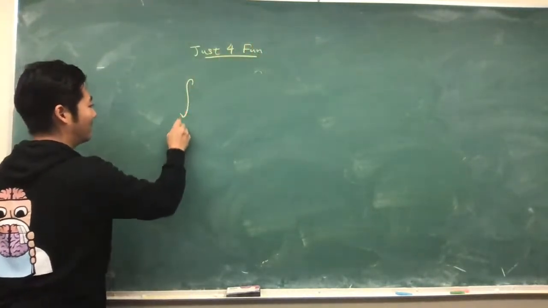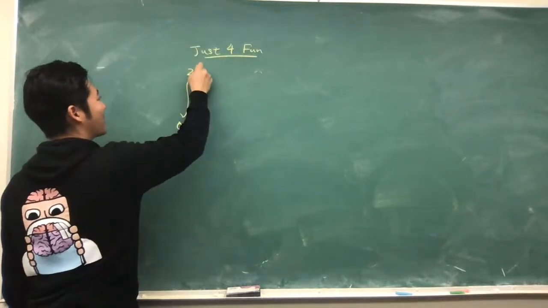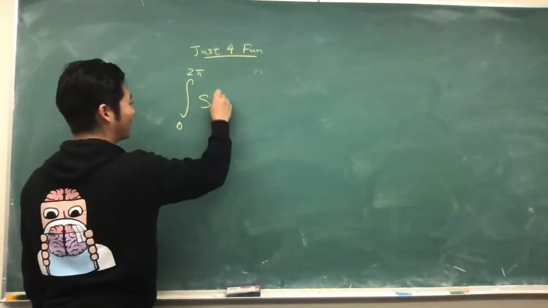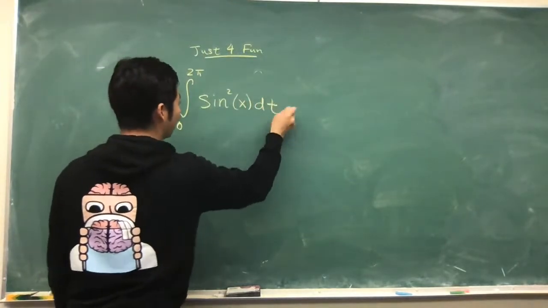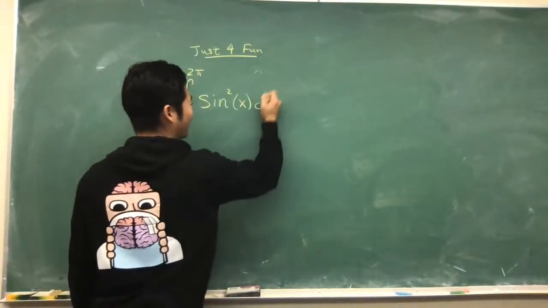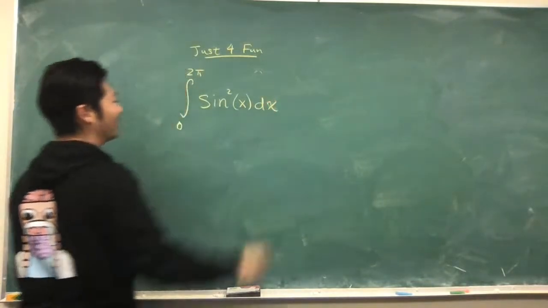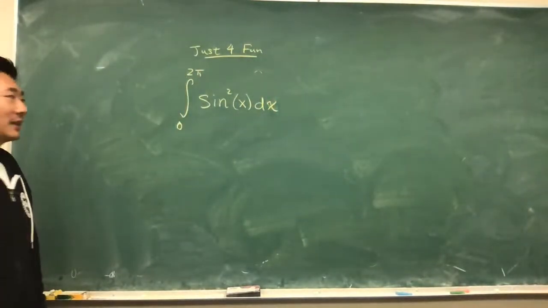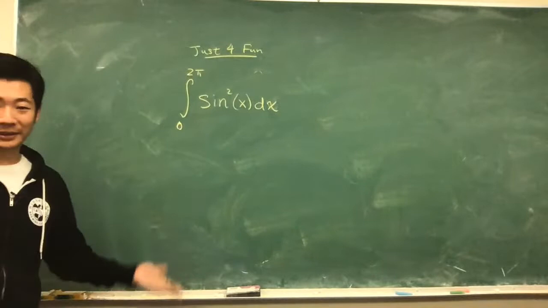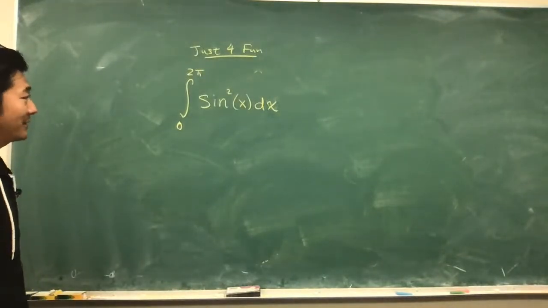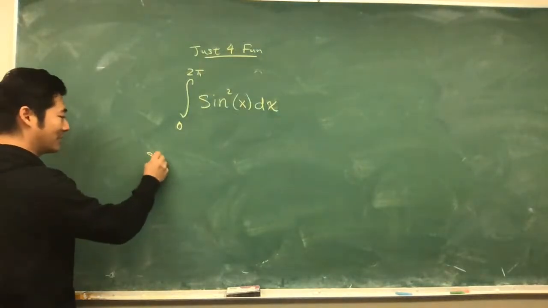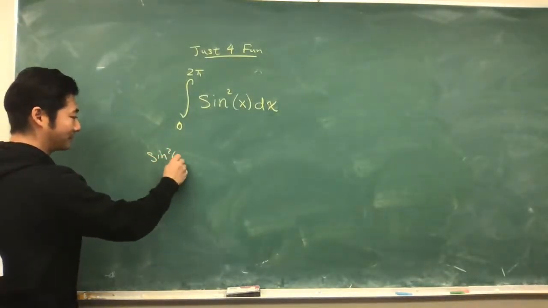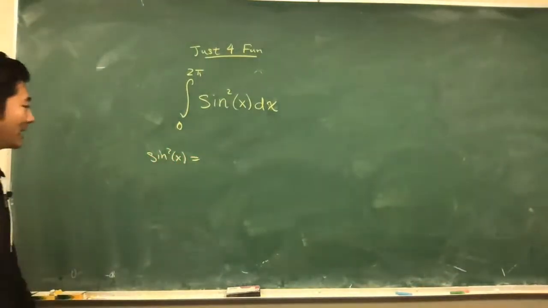So suppose you wanted to take the antiderivative of sine squared from 0 to 2 pi. So how can we do this? One way to do this is to use the trig identity.